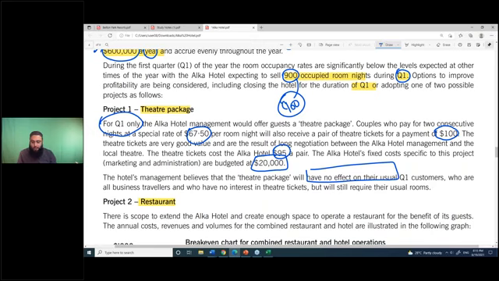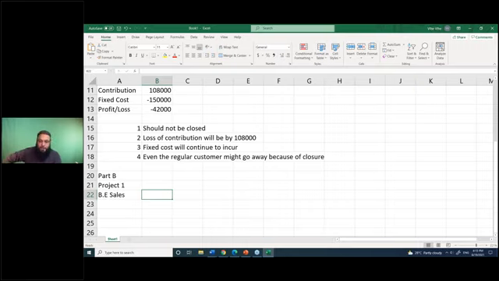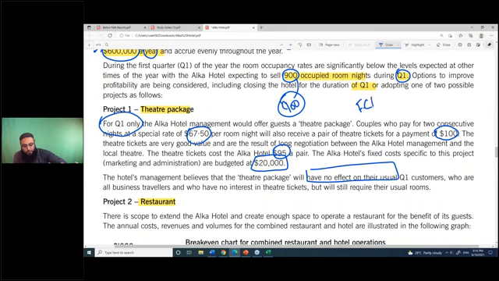For break even sales, I need fixed cost divided by CS ratio. So the formula of break even sales is fixed cost divided by CS ratio. Okay, that's fine.